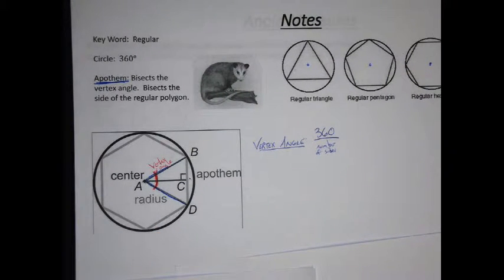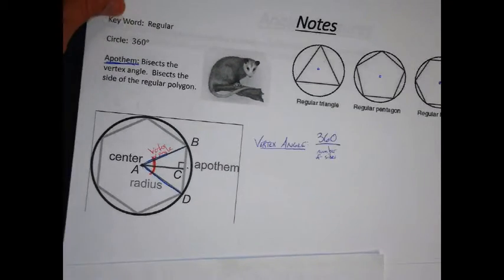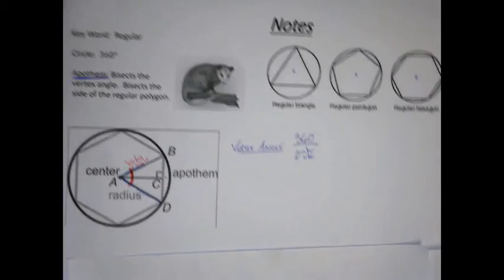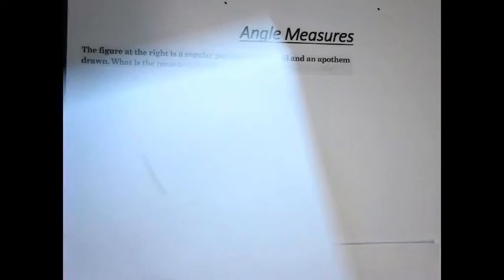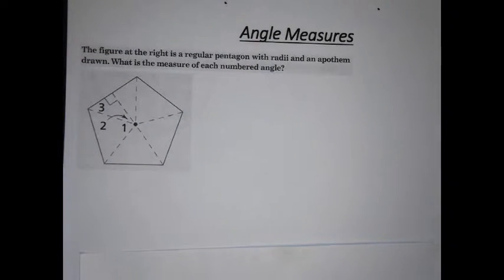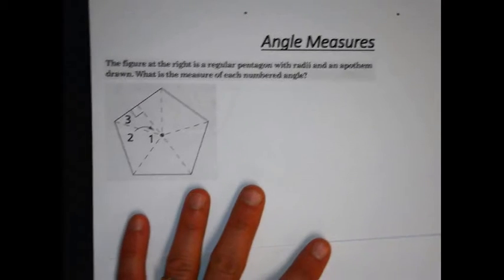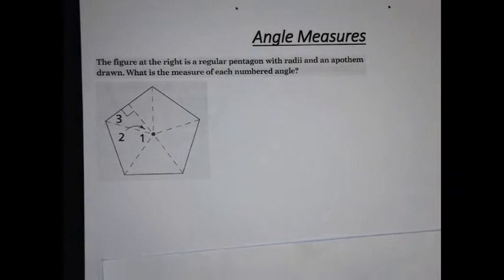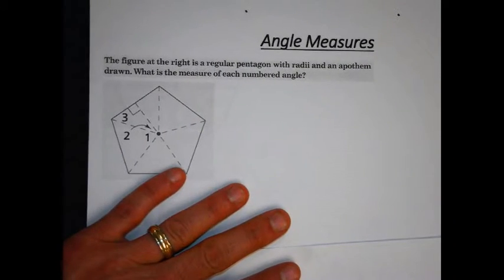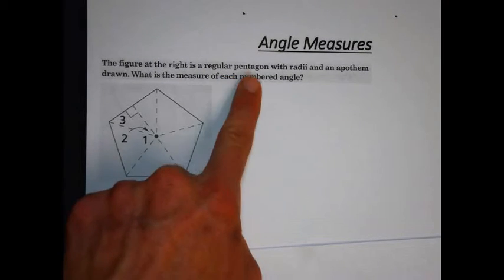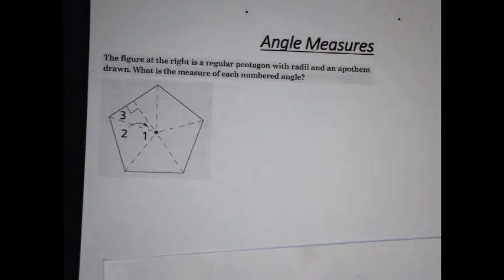And that's the key. So let's get to work, and hopefully we'll be able to understand these notes a little better. We'll start with a question. We're going to talk about angle measures first. We have a figure drawn here. It's a regular pentagon.